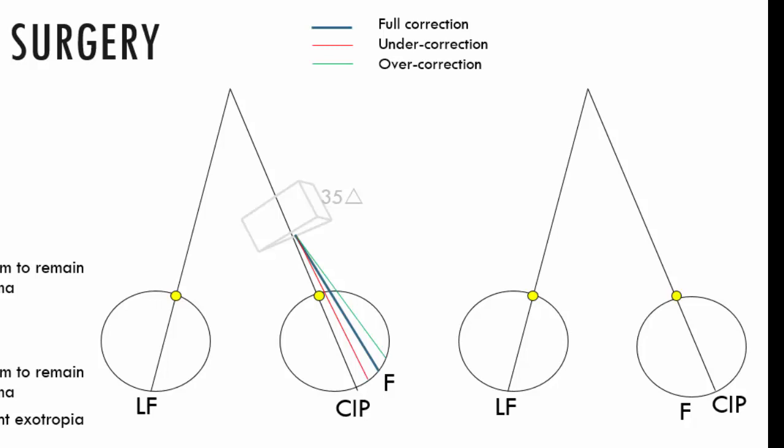Now, really, for an eso, the two options we have are to fully correct if they've got binocular single vision and undercorrect if they have no potential for binocular single vision. However, should there be issues with the suppression scotoma, you may need to consider overcorrection.